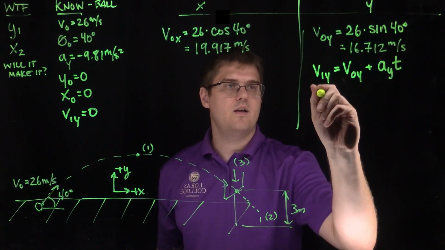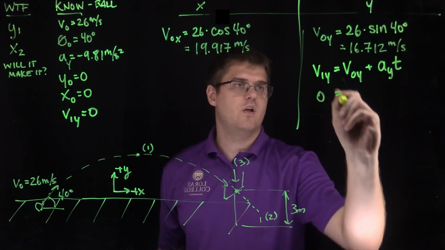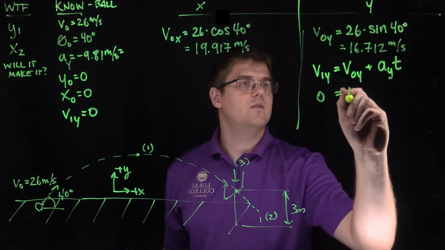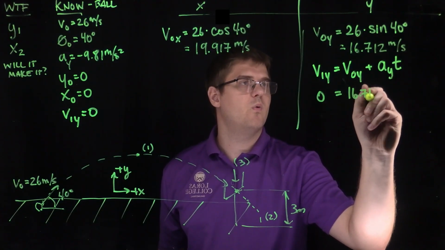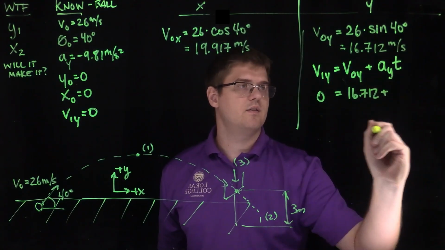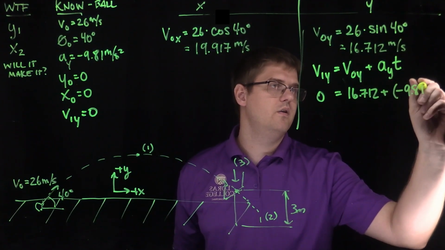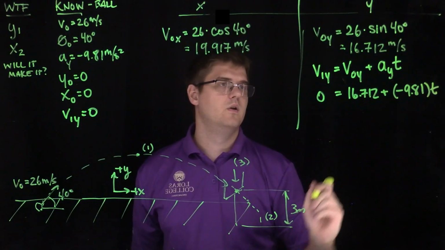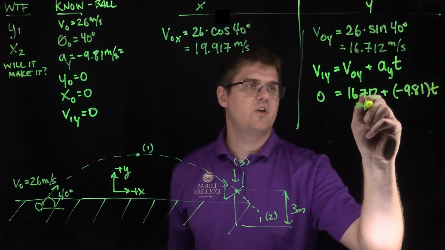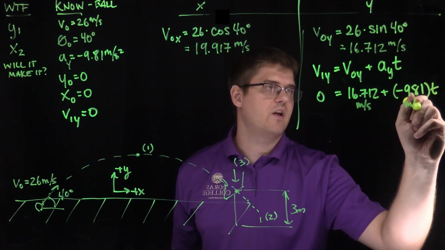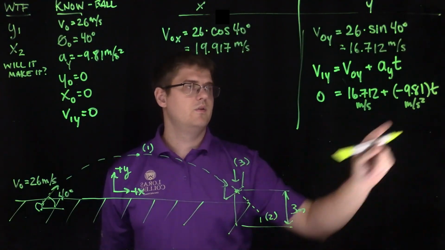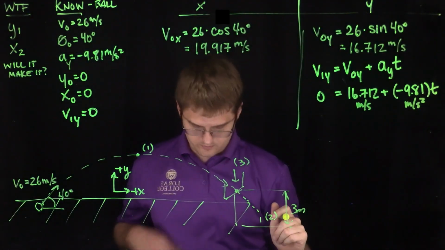Velocity at 1 in the y is 0. Velocity at 0 in the y is 16.712 meters per second. Acceleration is negative 9.81 meters per second squared, times time.